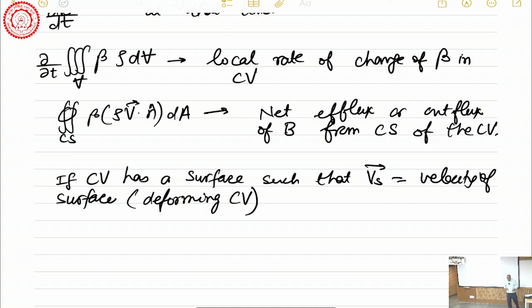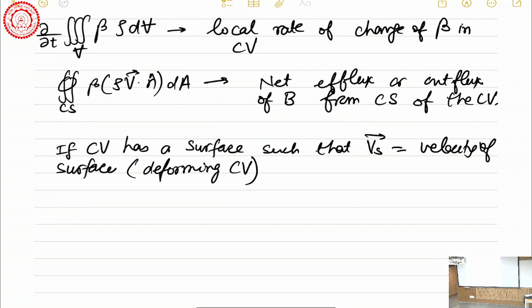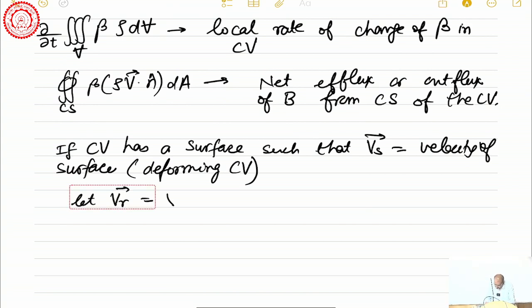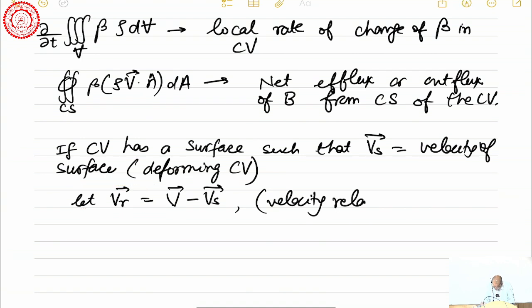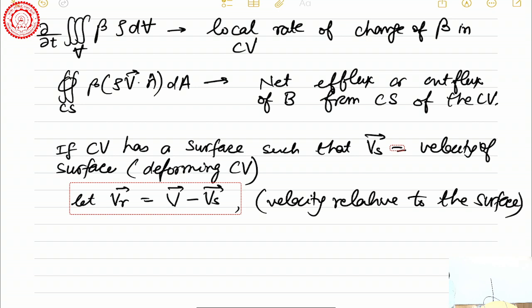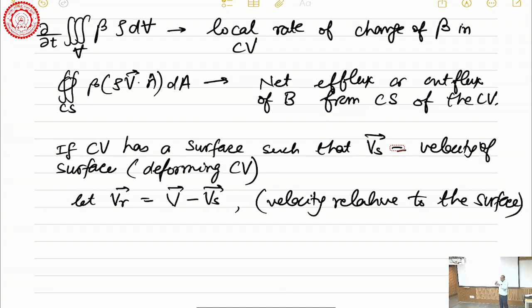So, if Vs is the velocity of the surface, and let Vr be equal to V minus Vs, that is the velocity relative to the surface. If the fluid is crossing out of the control volume with a velocity V, then V minus Vs is the relative velocity of the fluid with respect to the control volume.